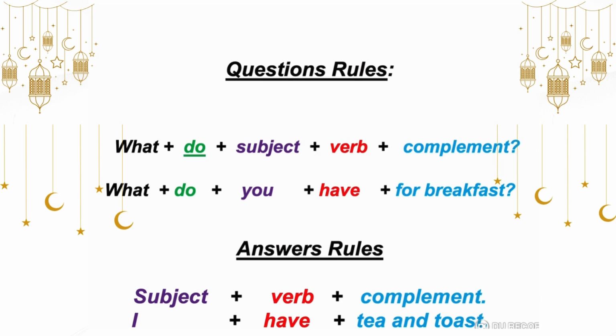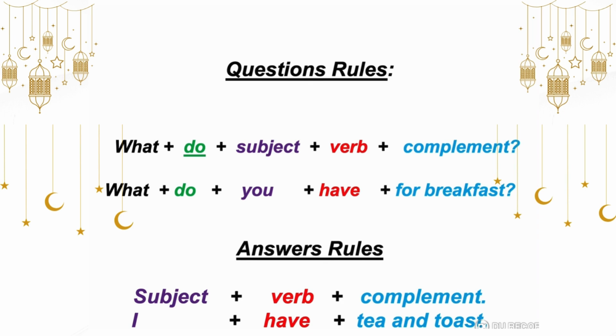Before we have real sentences, we are going to see the rules. Questions rules. So this is the rule how to make a question in English. The first word is what or how or where, so it's a WH word. Why do we call them WH words? Because all of them, or 90% of them, start with WH, with the exception of how.